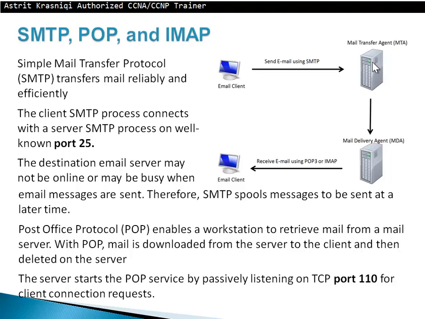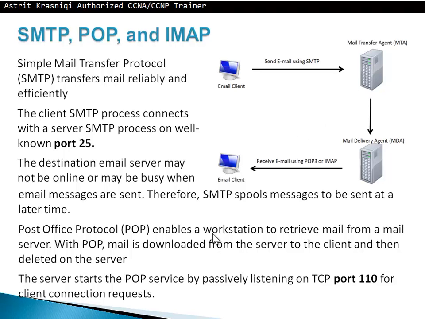Now the server is called the mail transfer agent. The server is going to send the email to the other server, the mail delivery agent. And then the client will retrieve that email from the mail delivery agent using POP3 or IMAP. So you can see the two clients never talk to each other. One is sending to the server, and the other client has to go and receive it from the server.